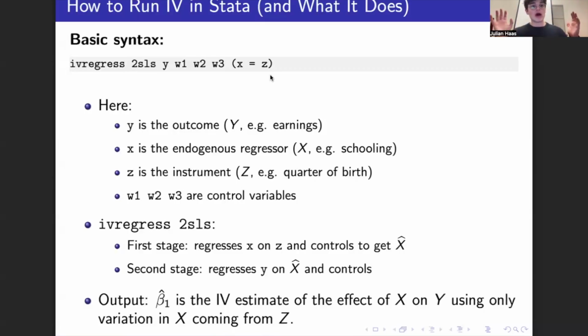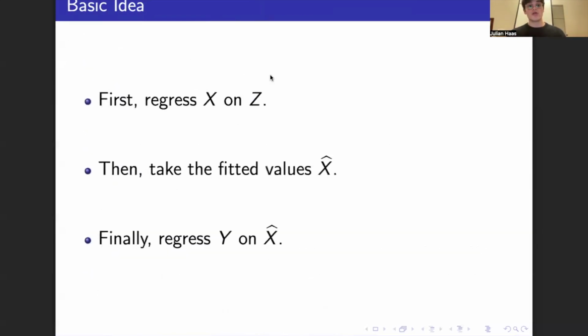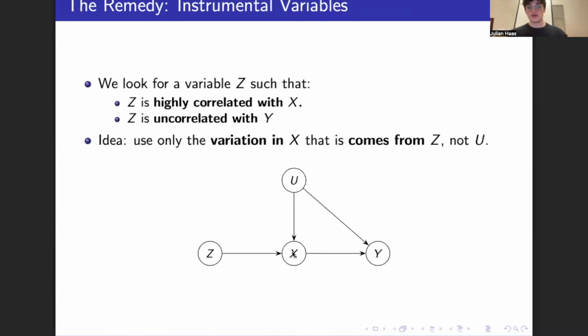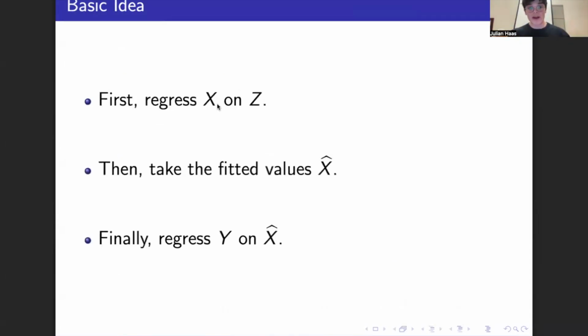And so I hope this made sense. Just to reiterate one last time, we're going to have our endogenous variable x, our instrument z, and our dependent variable y. All we're doing is regressing x on z.